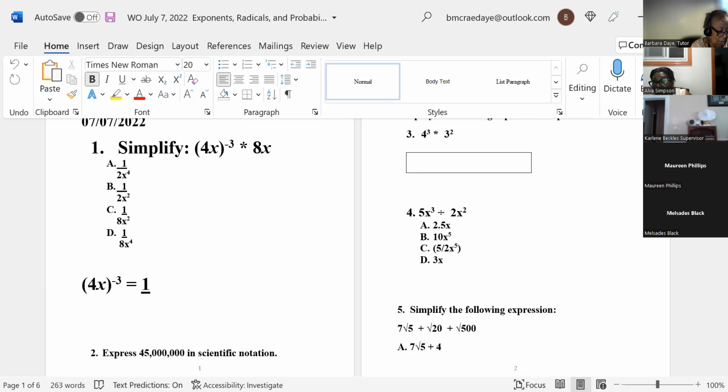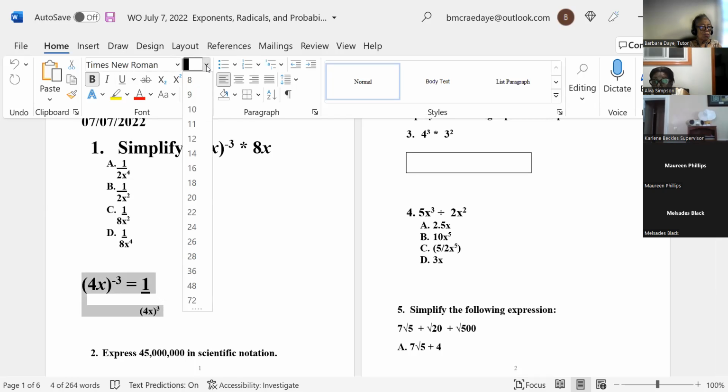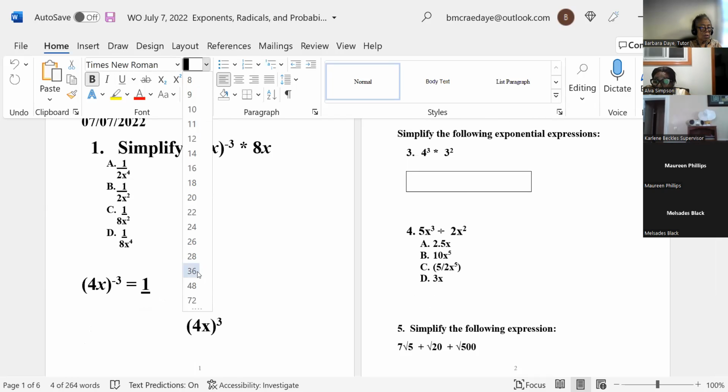So this is 4x, and this would be to the plus 3, right? Yes. There we go. Let me make this bigger and then put it closer, because I want to make sure you understand this rule. This is very, very, very important. Okay, so let me just bring that over.